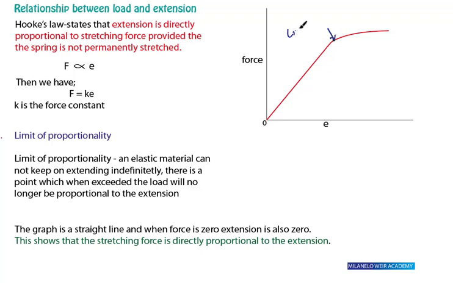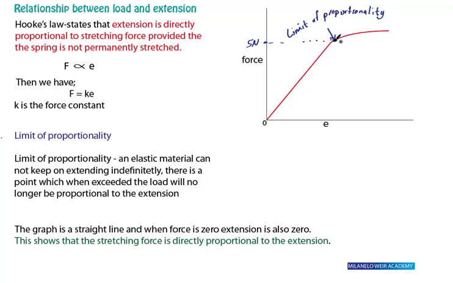This is the limit of proportionality. So you can increase the force, but if you exceed this point, this is the force, right? For argument's sake, let's say for a particular spring it could be 5 Newton.